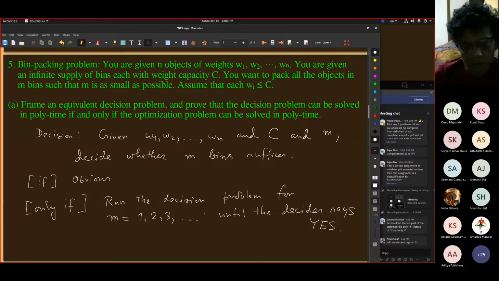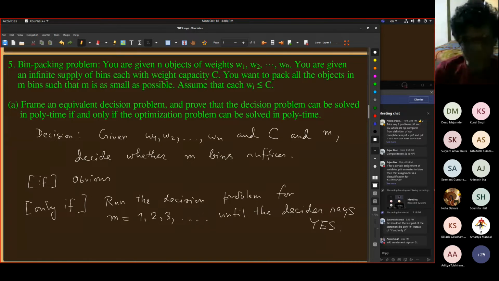So the running time may become n times the running time of the decider. But the running time of the decider is already a polynomial in n. Multiply that by n, you will get another polynomial of a bigger degree. The degree is 1 more than the degree of the running time of the decider. That doesn't matter. Polynomial will remain polynomial.